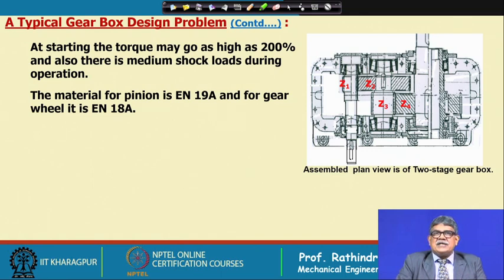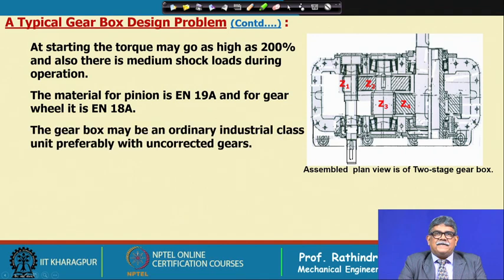When we come to the design, I shall give you the exact equivalent of this material. EN 19A is a forged alloy steel and it is very good for gears, and EN 18A can also be forged, but it can also be used for casting.